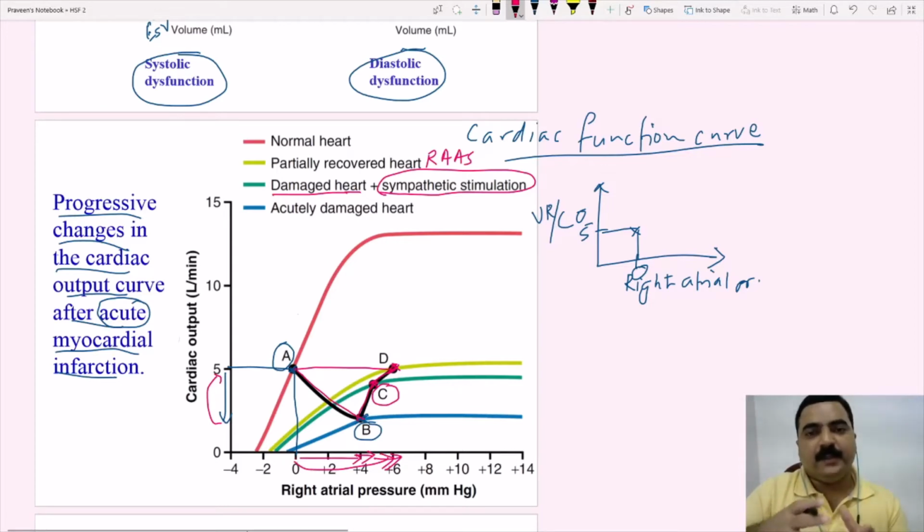Now if this person tries to exert effort, like climb or get up fast or increase the heart rate, he can't do that because his sympathetic system is already on high and his RAS system is already on high. All the compensation mechanisms have gone to a high value, so beyond this he cannot make it.